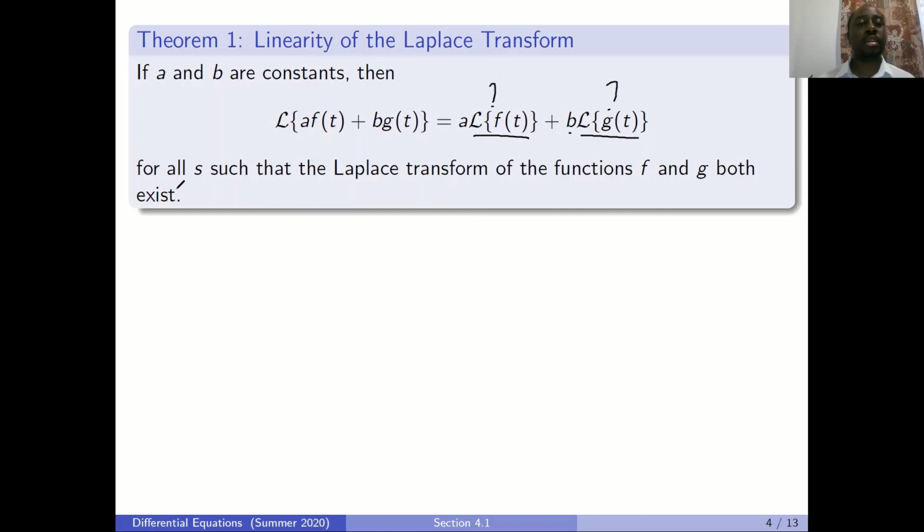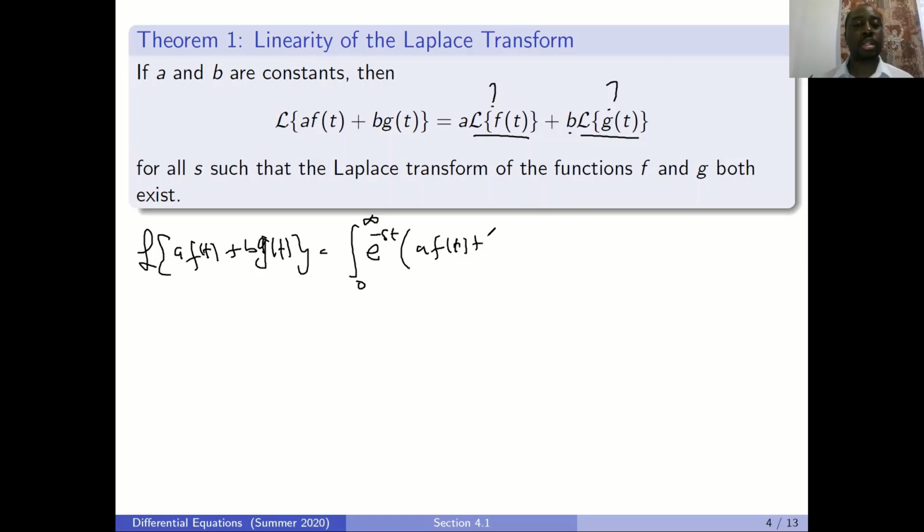Okay. All right, so let's see why this is true. It should be obvious to you, but let's go through it. So the transform of a times f of t plus b times g of t, by definition, is the integral from 0 to infinity, e to the minus st, times a f of t plus b g of t.